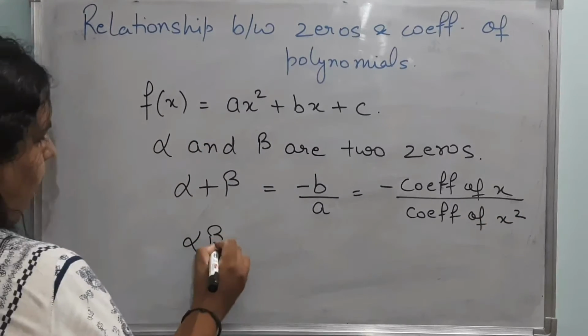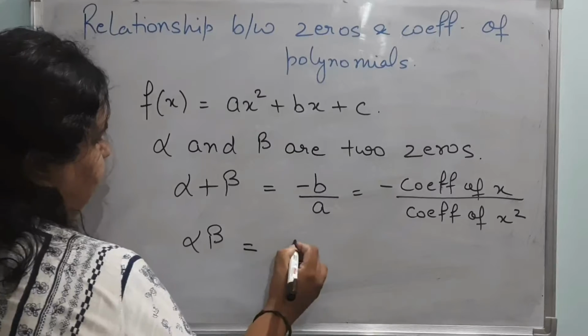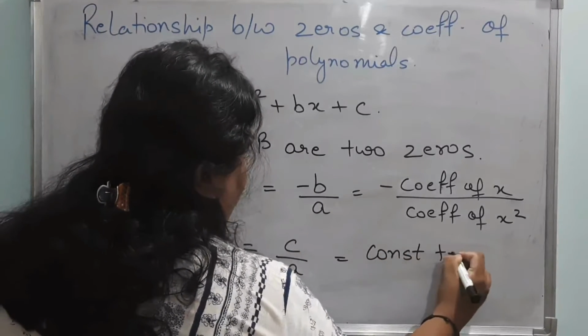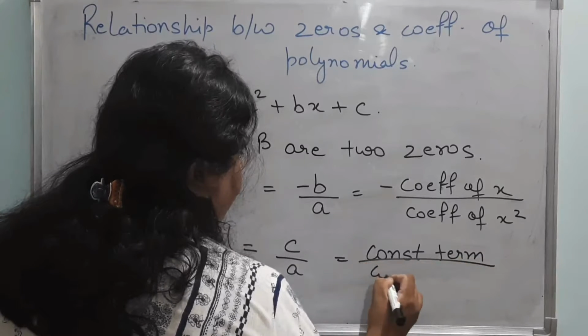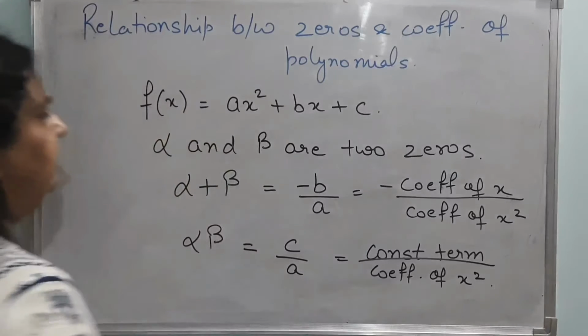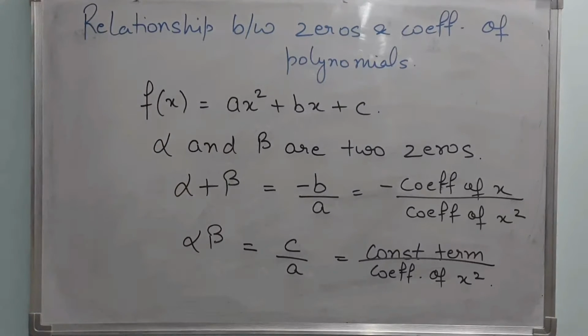And alpha beta, the product of zeros, is c over a, that is the constant term over the coefficient of x square.